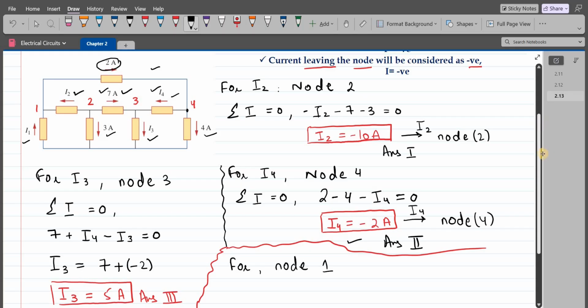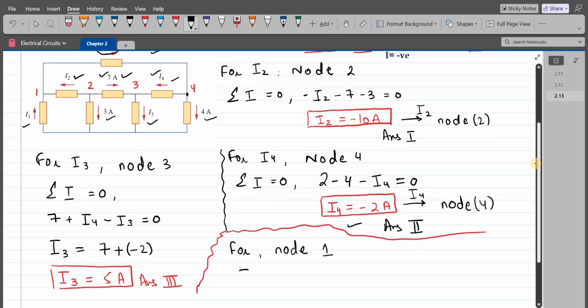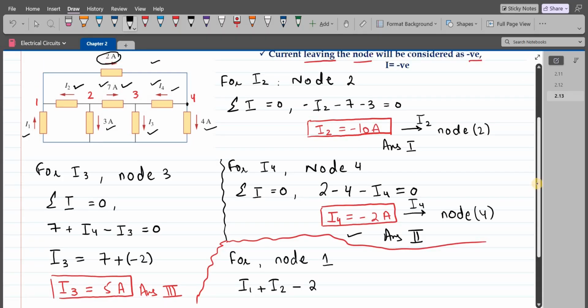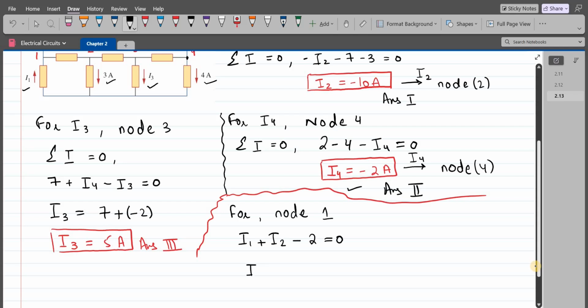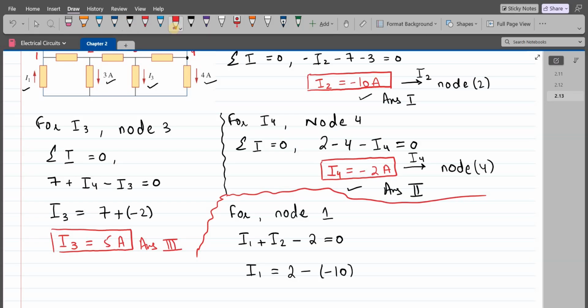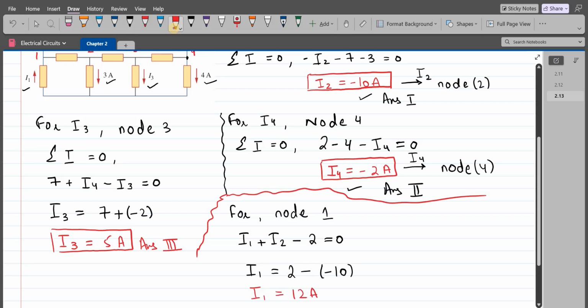So we have I1 plus I2 minus 2 equals to 0. So upon simplification, we have I1 is equal to 2 minus I2, and I2 is negative 10. So I1 comes out to be 12 amperes. And this is our fourth answer.